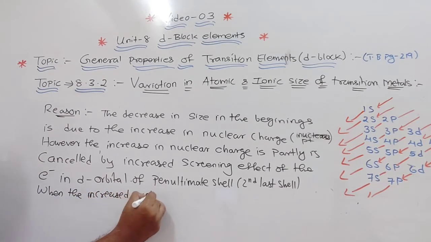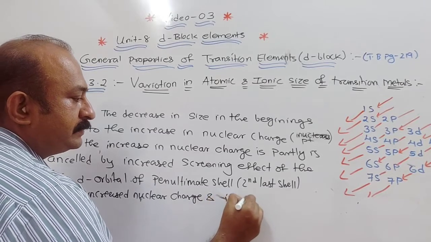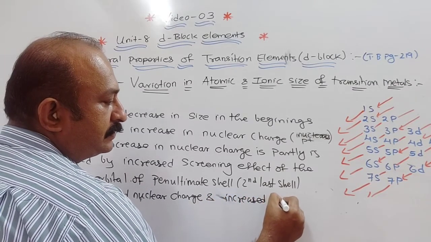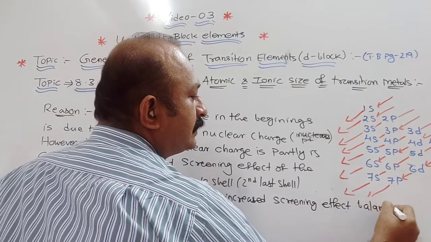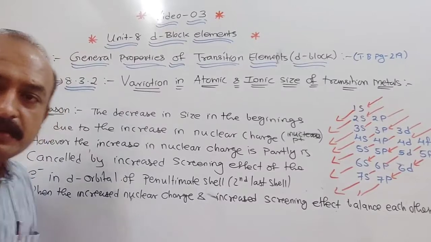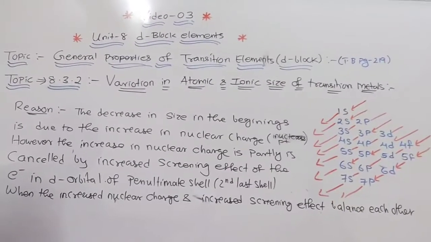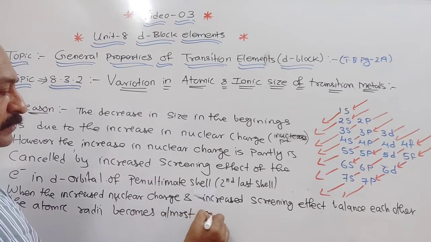When the increased nuclear charge and the increased screening effect balance each other, what we say is that the atomic radii becomes almost constant.